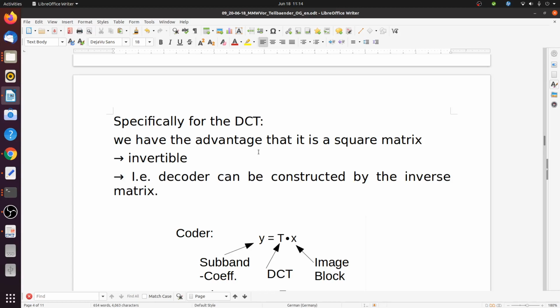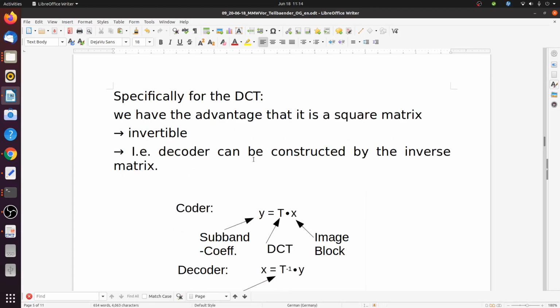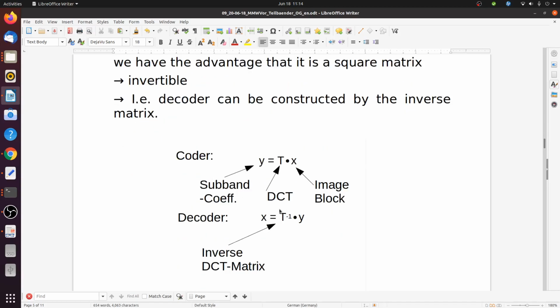Not every square matrix is invertible, but the DCT is. So that can be used to obtain the synthesis filter bank for perfect reconstruction. We just take the inverse matrix here and look at the inverse matrix to get the impulse responses for the synthesis filter bank.